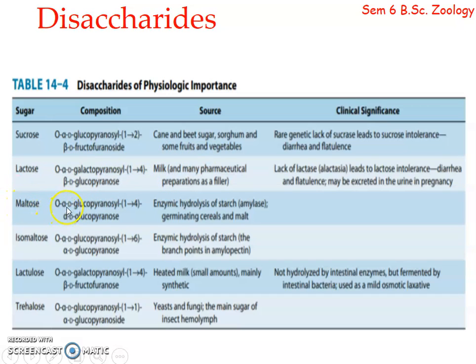Maltose has alpha 1,4 bonding between alpha D glucose and alpha D glucose. It is formed by enzymatic hydrolysis of starch, and it is found in germinating cereals and malt. Then there is isomaltose. It is alpha 1,6. Instead of 4, it will be 6.